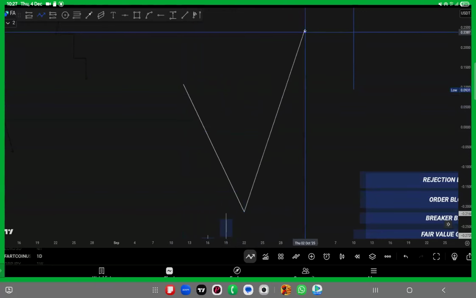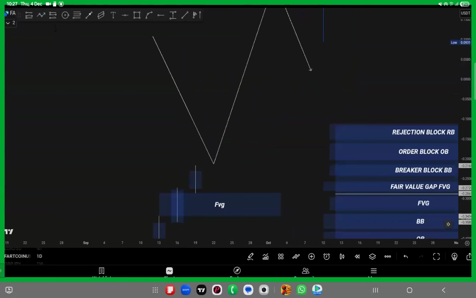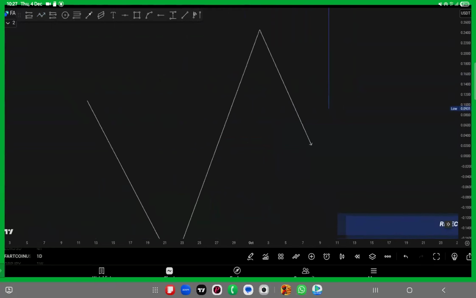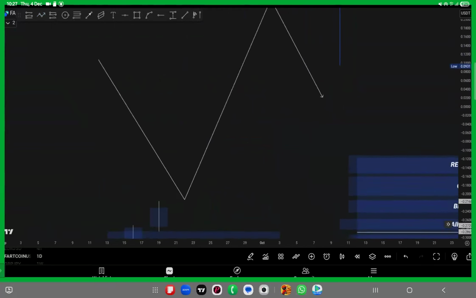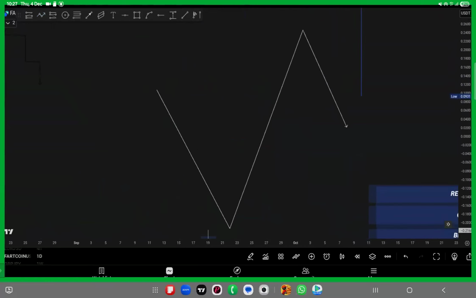Then the market pulls back down. The market is coming down now. As the market is coming down, there will be a particular level where the market will have to reverse. And in this case, let's say the market wants to use the order block. So how do we identify the order block at this particular level? These are the criteria for picking out an order block.